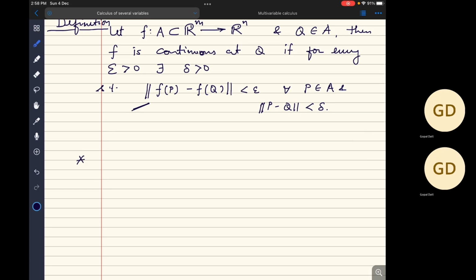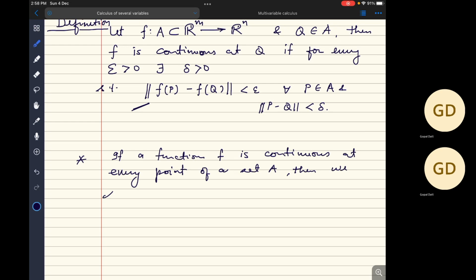For that we can say if a function f is continuous at every point of a set A, then we say f is continuous in the set A. And we know this notion of continuity is closely related with the notion of limit.